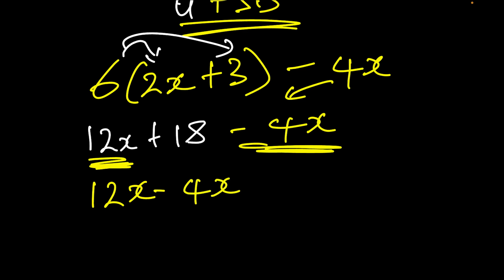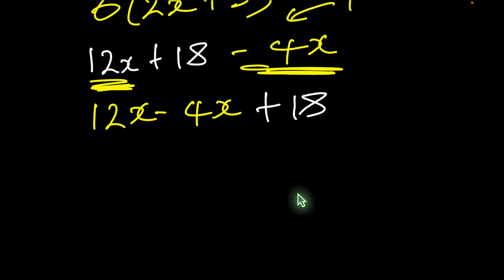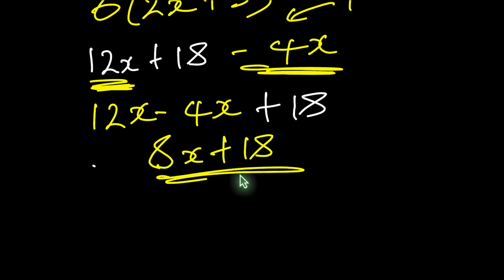And of course, that 18, we didn't do anything to it, so plus 18. So what's left? Simplify. 12x minus 4x, that leaves us with 8x. And we have 8x plus 18. Why? We cannot add 18 with that 8x. So that's where that bit stops.